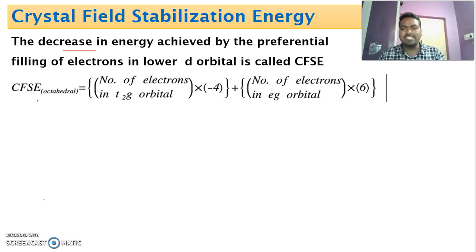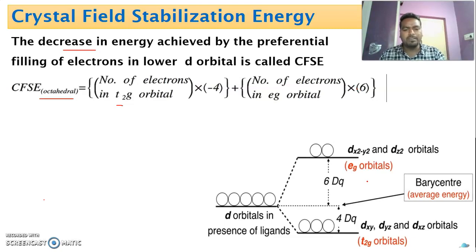The crystal field stabilization energy of an octahedral complex is equal to the number of electrons in the t2g level times -4 plus the number of electrons in the eg level times +6. For example, before splitting all the d orbitals are degenerate, and after splitting in an octahedral complex, t2g orbitals occupy lower energy and eg orbitals occupy higher energy.